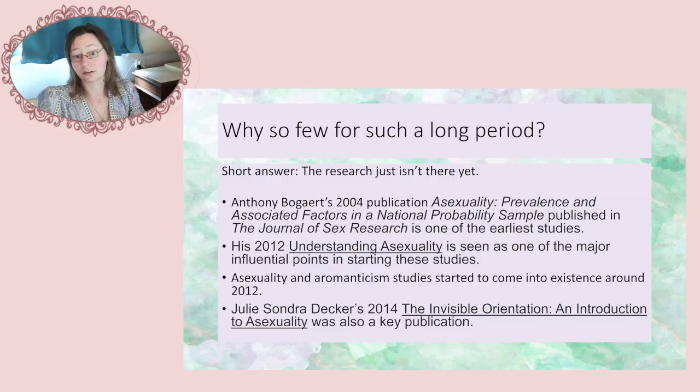And he then expanded on that research to a 2012 book, Understanding Asexuality, which is where asexuality started to get visible outside of internet communities. So these studies started to come into existence around 2012.